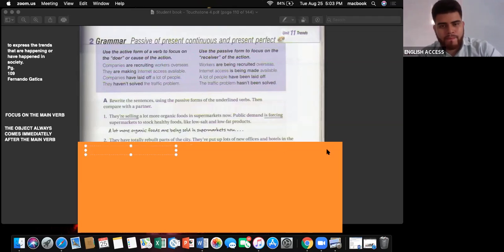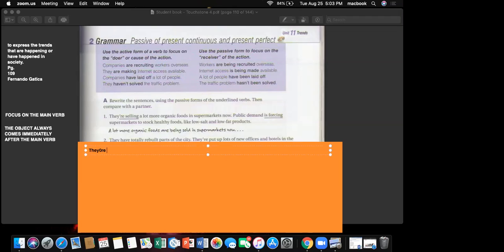They're selling a lot more organic foods in supermarkets now. Public demand is forcing supermarkets to stock healthy foods like low salt and low fat products.